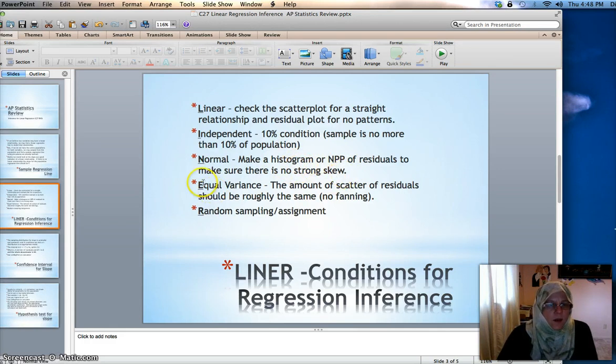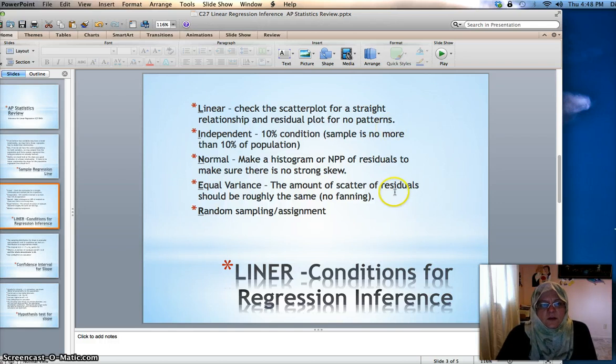E is the equal variance condition, and really you check this one at the same time you're checking linear, because you're looking at the residual plot, the one that has each residual plotted against x, the scatter plot of the residuals. So you would check this one when you're looking to see if the residual plot has patterns.